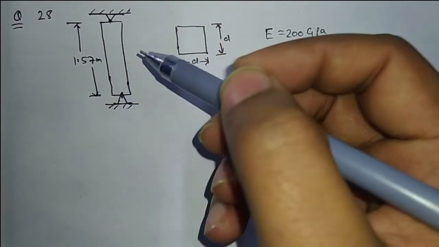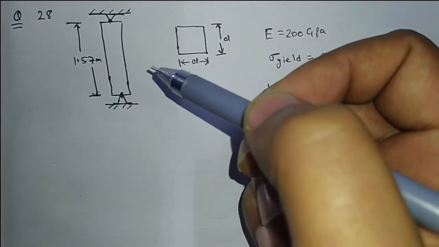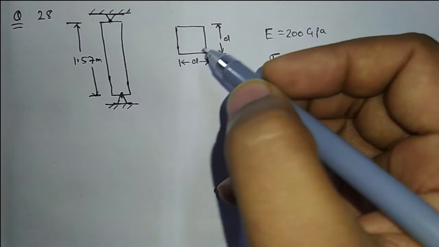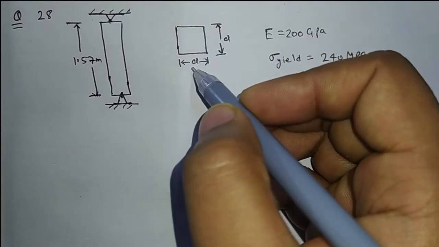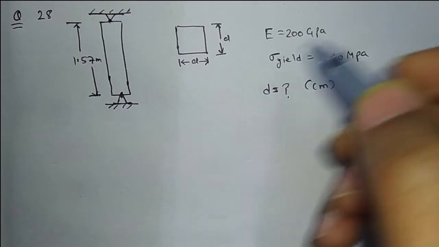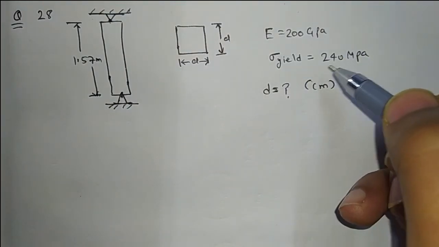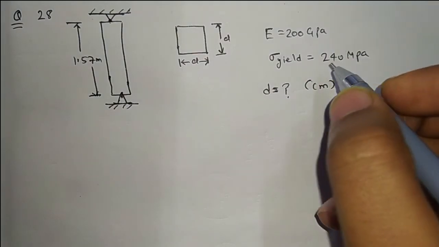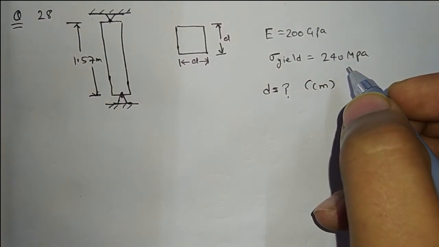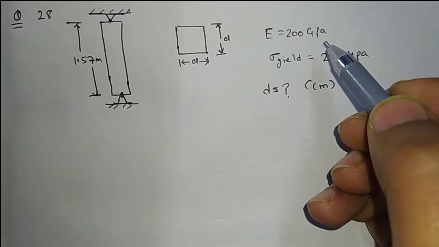Question number 28. A simply supported slender column is given, having a square cross section of dimension D, and the column is designed in such a way that it will buckle when the stress reaches the yield value of 240 megapascal, and the Young's modulus for the column is given as 200 gigapascals.